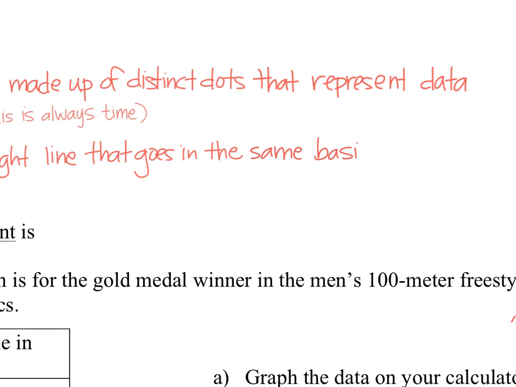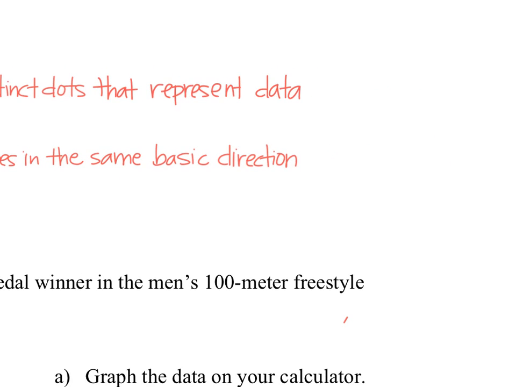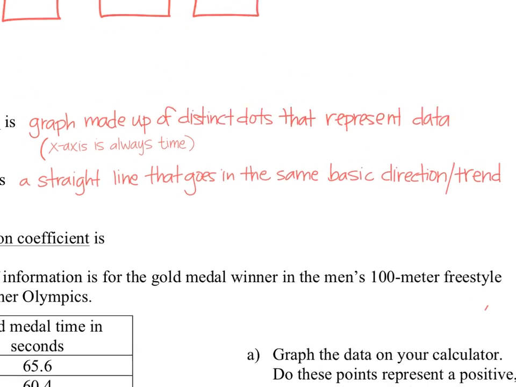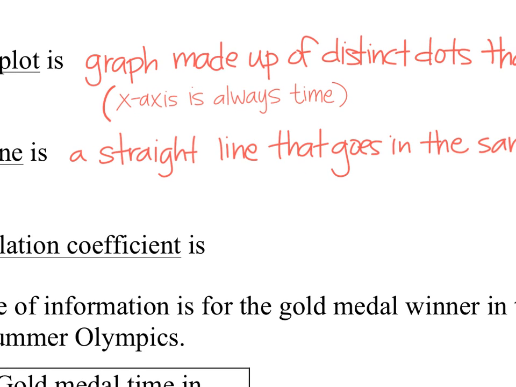It doesn't connect the dots though, and it doesn't even go through all of them. It might touch a couple of them. It goes in the same basic direction. The basic direction is the trend. Now you can trend up, you can trend down. Okay, a straight line that goes in the same basic direction as the data.